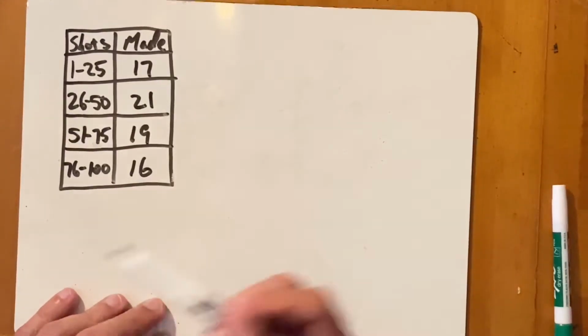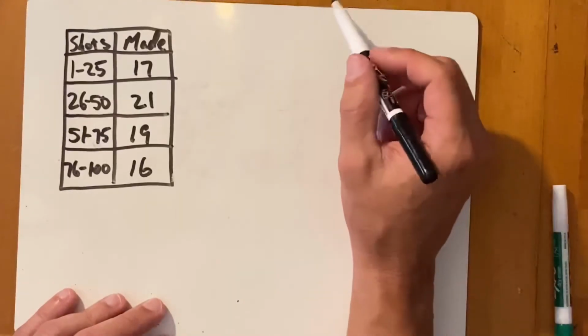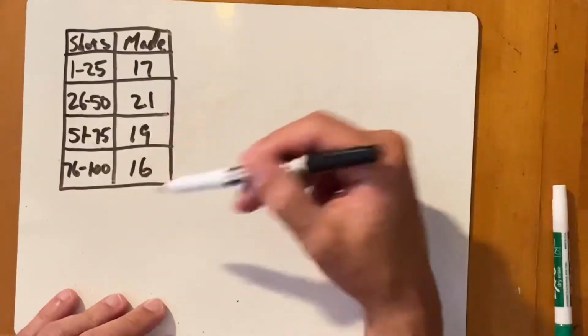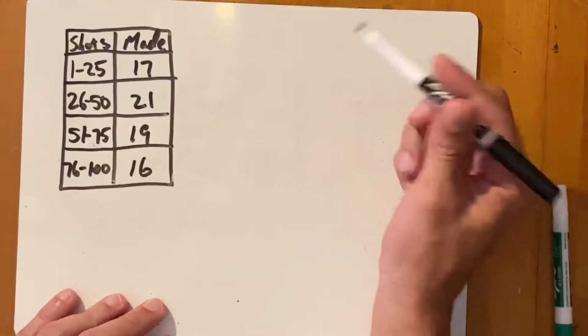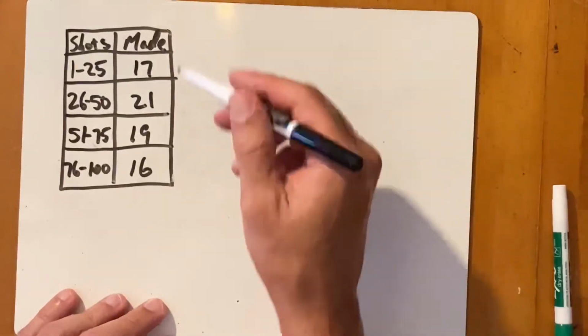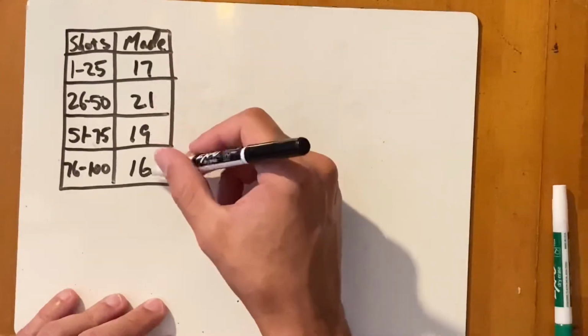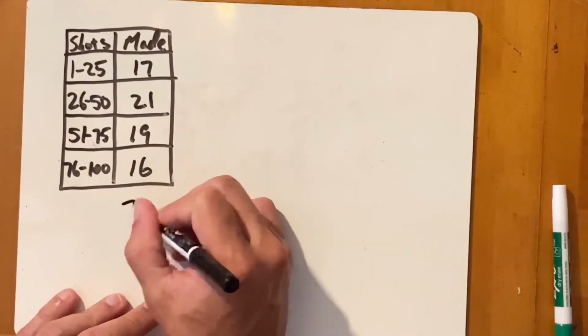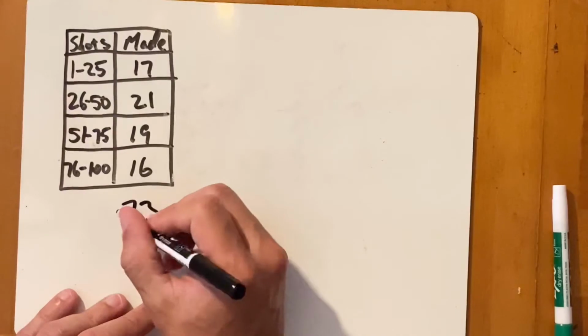The first question simply says, what's the probability that the shooter makes their next shot? Overall, based on this data, they took 100 shots. For the frequency of them making it, we add all those together, so the total made is 73.